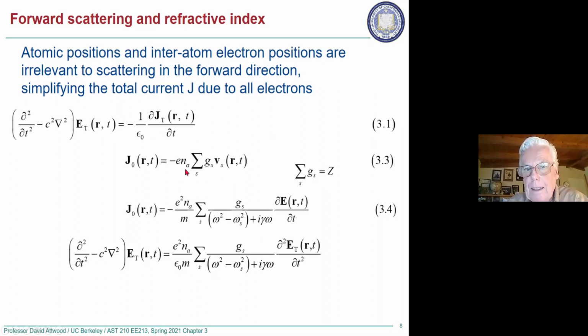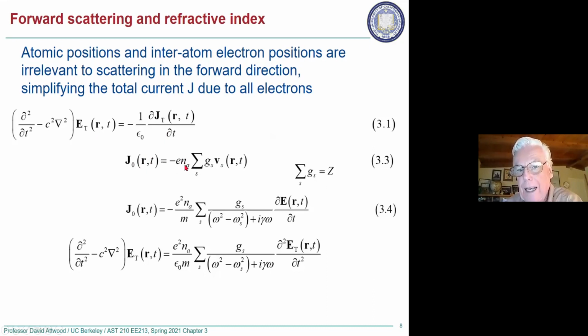And in this case, we're interested in a lot of atoms, and we're not interested in J scattering any place. We're only interested in J scattering in the forward direction, which is why we have this subscript 0 on it here. And so the current would be minus E N V.